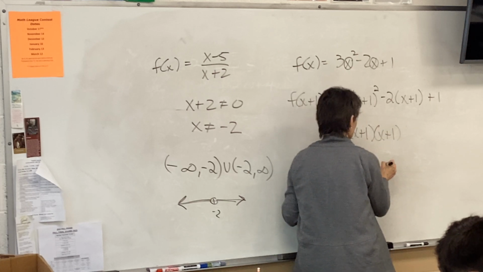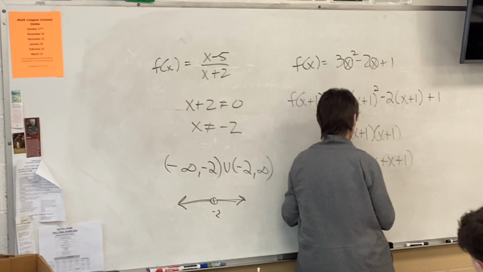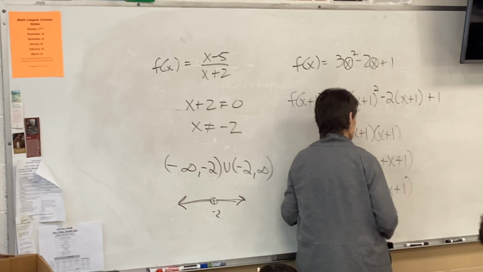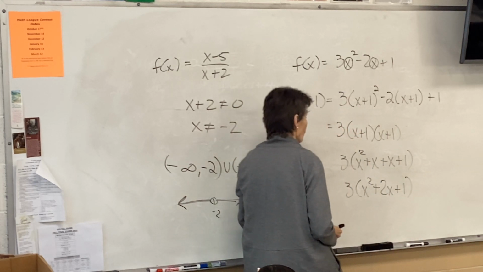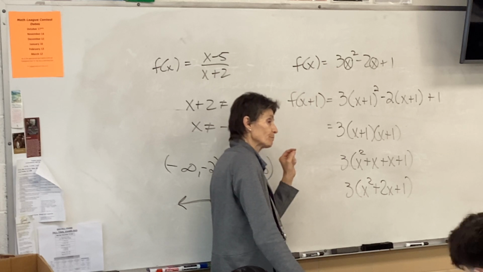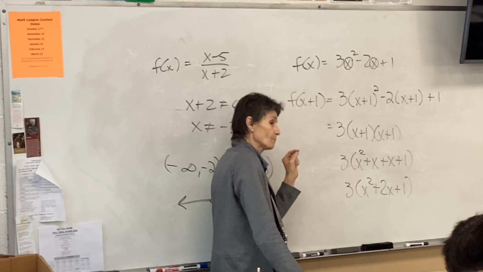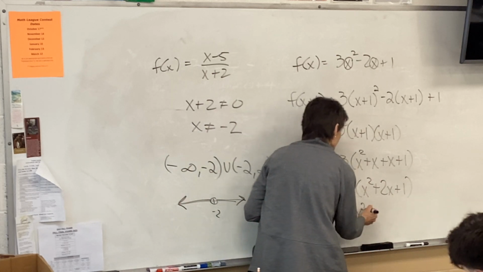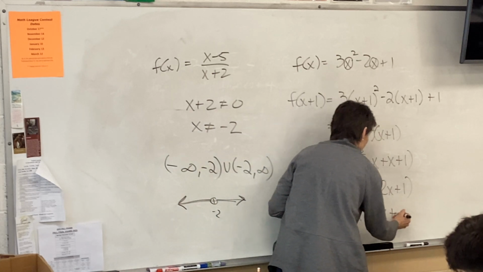X squared plus x plus x plus 1, which is x squared plus 2x plus 1. That's exactly right. Once you get it foiled, then you can distribute. So 3x squared plus 6x plus 3.